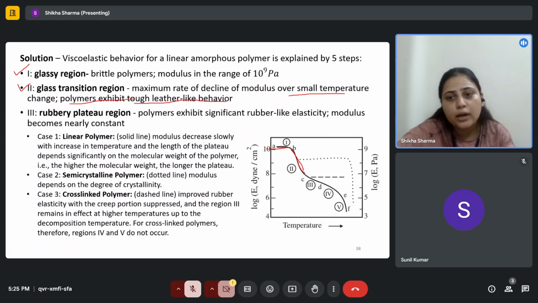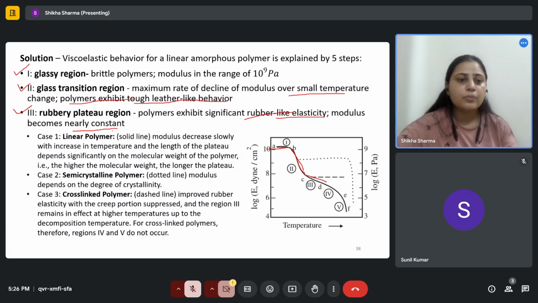In the third part, C to D, the modulus becomes somewhat constant. This is known as the rubbery plateau region, in which the polymer exhibits significant rubber-like elasticity, and the modulus becomes nearly constant.